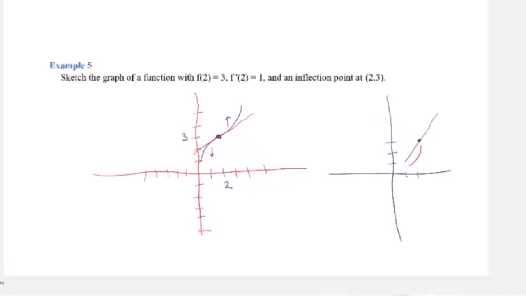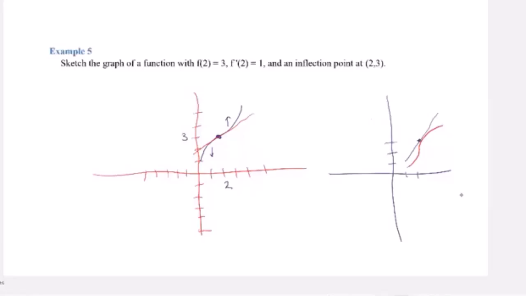Concave up to concave down. Okay. Do these look the same? No, they look different. See? This looks like this, and this one looks like this. So this is concave down and then up. This is concave up and then down. So those are the two that I can think of.